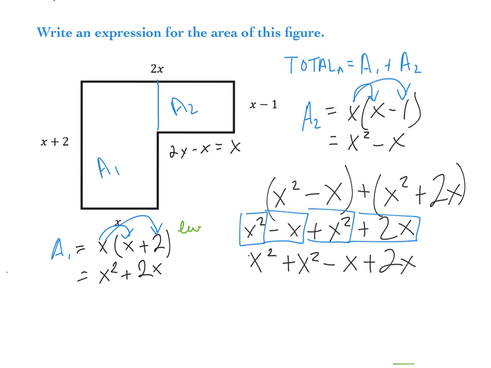Alright, so that was x squared plus x squared minus x plus 2x. And now I'm going to combine the like terms. X squared plus x squared equals 2x squared. And negative x plus 2x equals positive x. And so the expression for this area is 2x squared plus x.